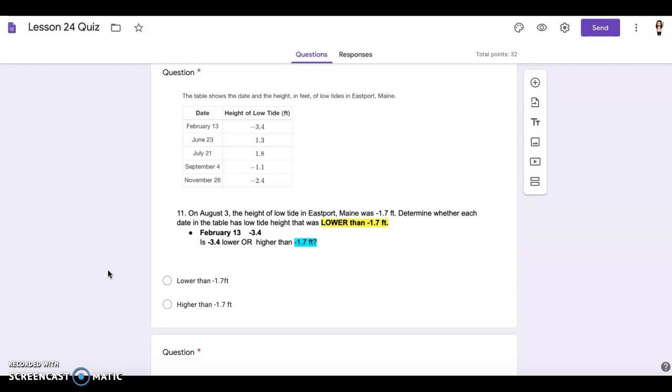So we're looking at the date of February 13th, which is -3.4. Is -3.4 lower or higher than -1.7? We're looking at -3.4.